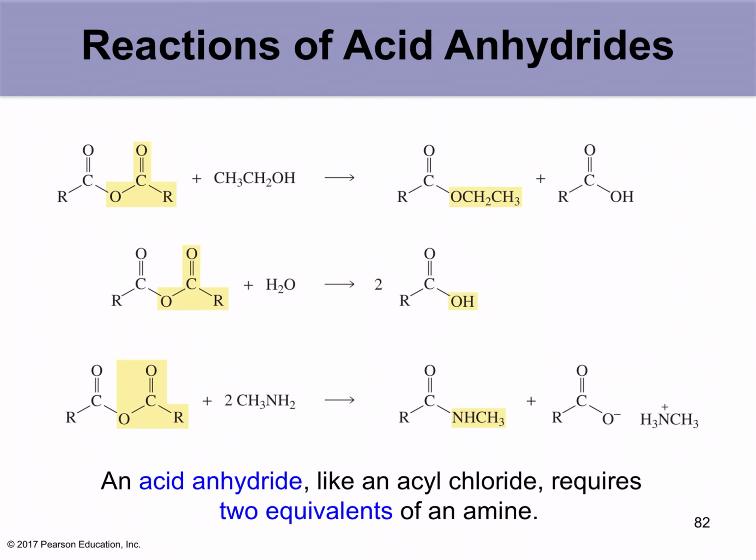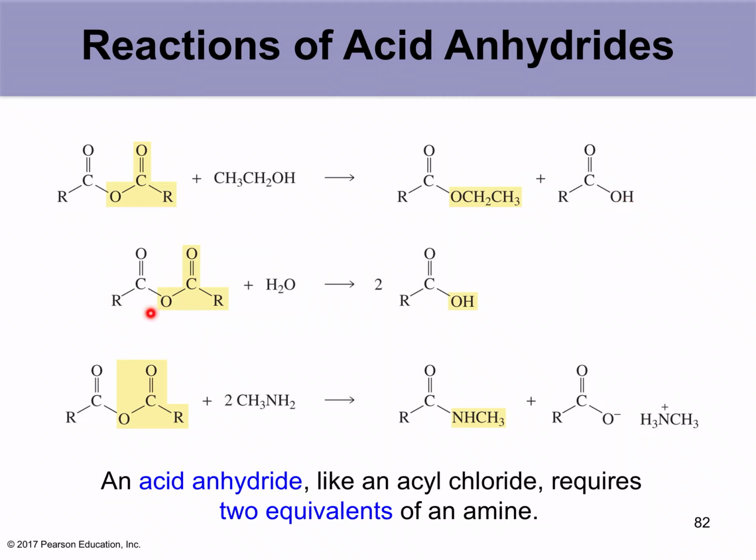Some of the reactions of acid anhydrides: in the presence of an alcohol, you lose this part, and the carbonyl carbon adds on to the oxygen of the alcohol. So you can form an ester and a carboxylic acid.